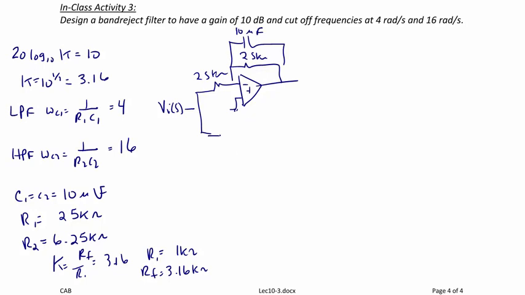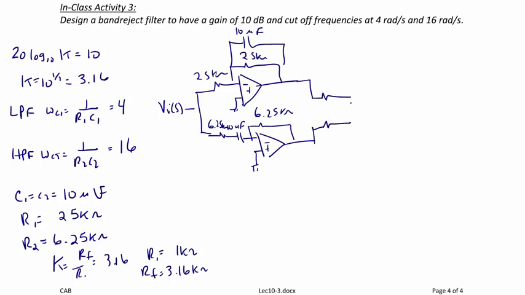Here at the bottom, I'm going to draw the high pass filter. The positive terminal is tied to ground, and we have a feedback resistor. Once again, the capacitor is 10 microfarads, and both of the resistors are 6.25 kiloohms. And now this is the input to my summing amplifier, which takes care of my gain.